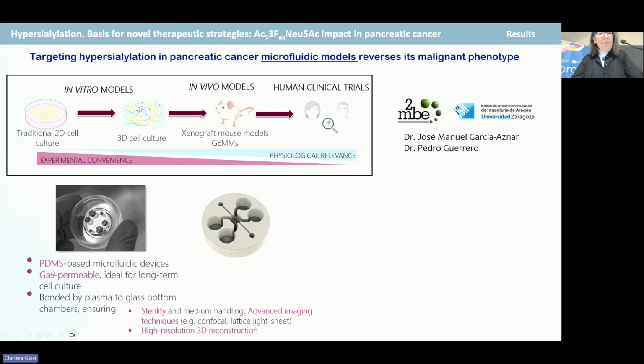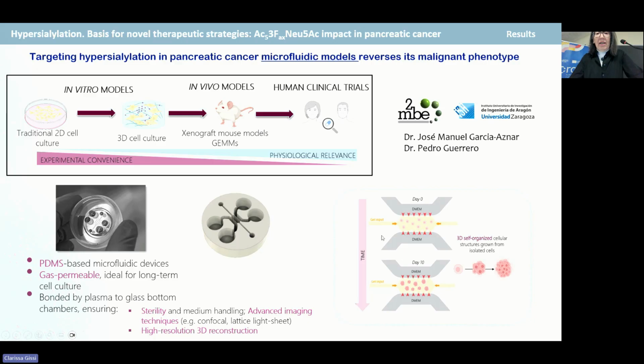These models are based on microfluidic devices made of the polymer polydimethylsiloxane. It's gas permeable and also transparent, so it can be followed by advanced imaging techniques. Inside this part here, there is the culture of tumor cells.